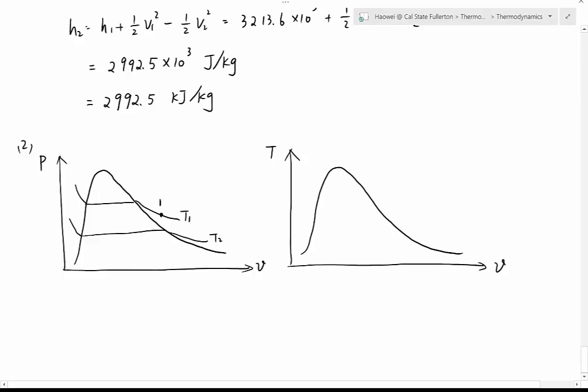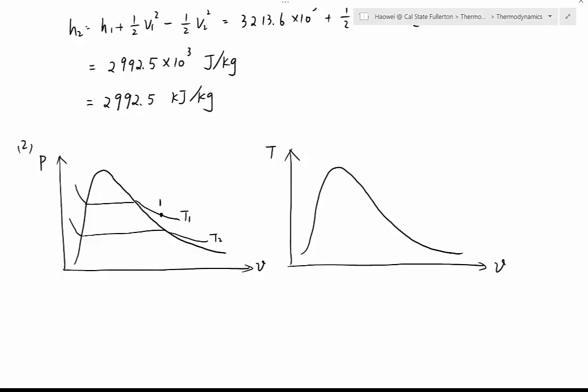Next, how do we locate number 2? So we know point number 2 must be on T2 line. And where do we put number 2? In other words, what's the phase of number 2? Is it possible for us to find the phase of number 2? We've used this method before, not exactly the same, but very similar.